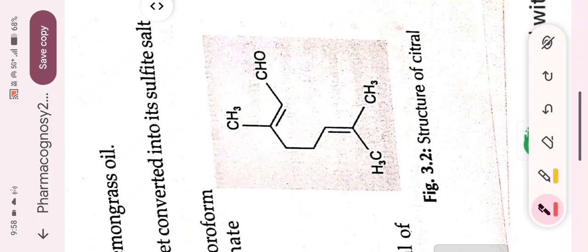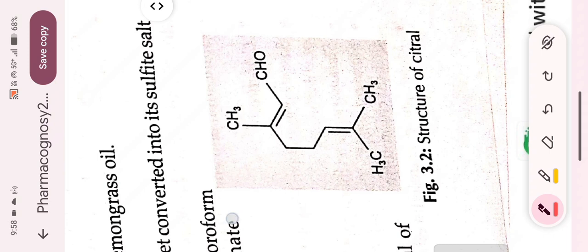We'll write half the structure and leg for it, and here we have CH3, CH3, here we have CH3, 1 2 3 4 5.